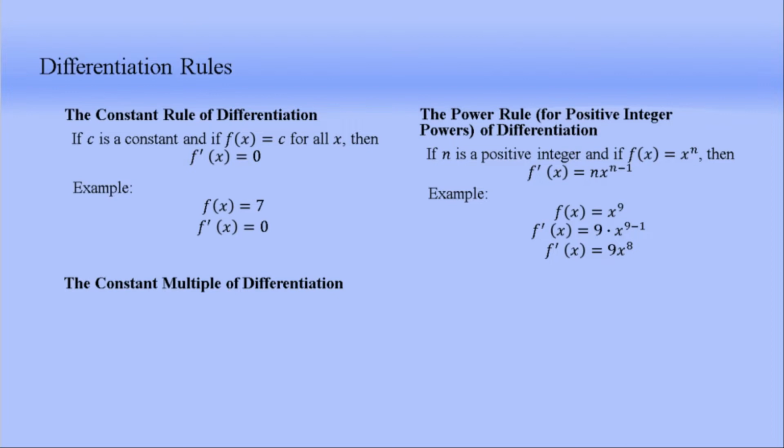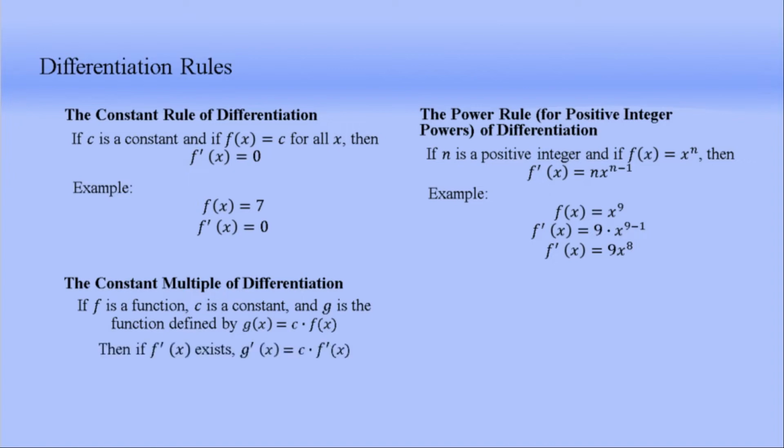Next rule is the constant multiple rule of differentiation. So this rule states that if f is a function, c is a constant, and g is the function defined by g of x equals c times f of x, then the derivative of g exists by this formula.